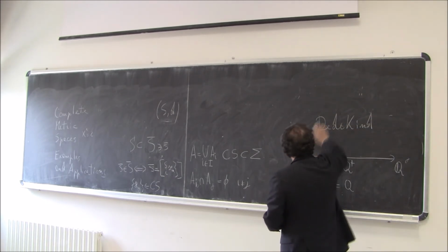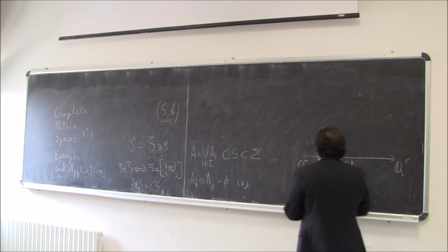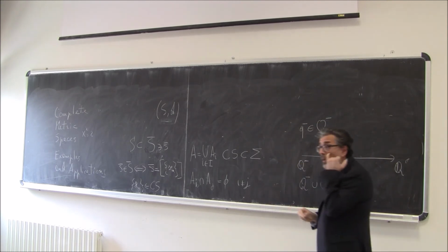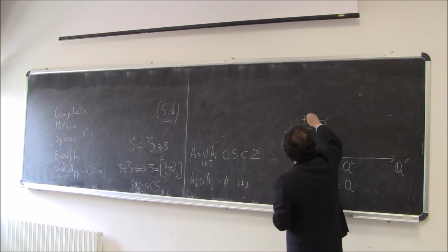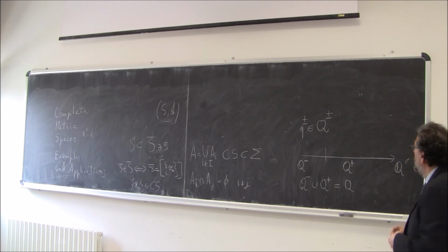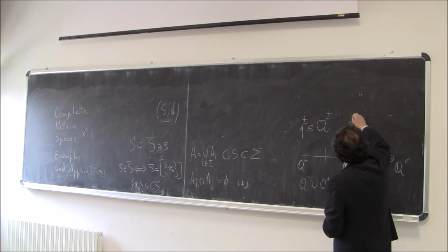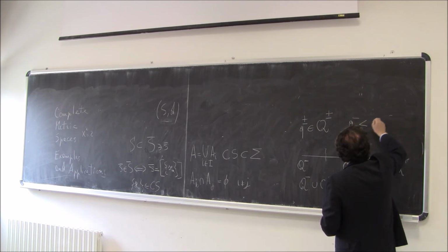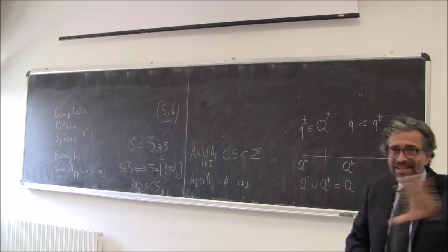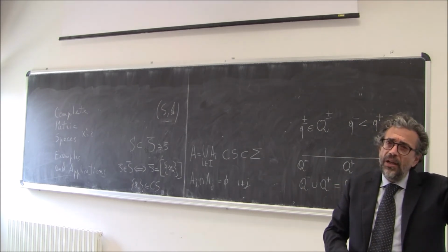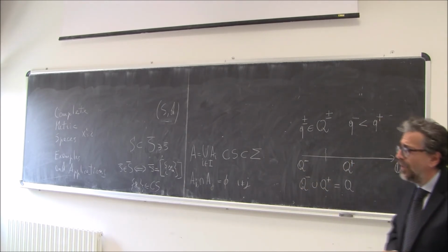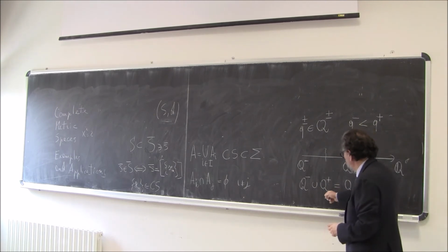If you have a q minus belonging to capital Q minus, and you have a q plus belonging to capital Q plus, you impose that q minus is smaller than q plus. So in one subset you have all rational numbers smaller than all numbers in the other element of the partition.